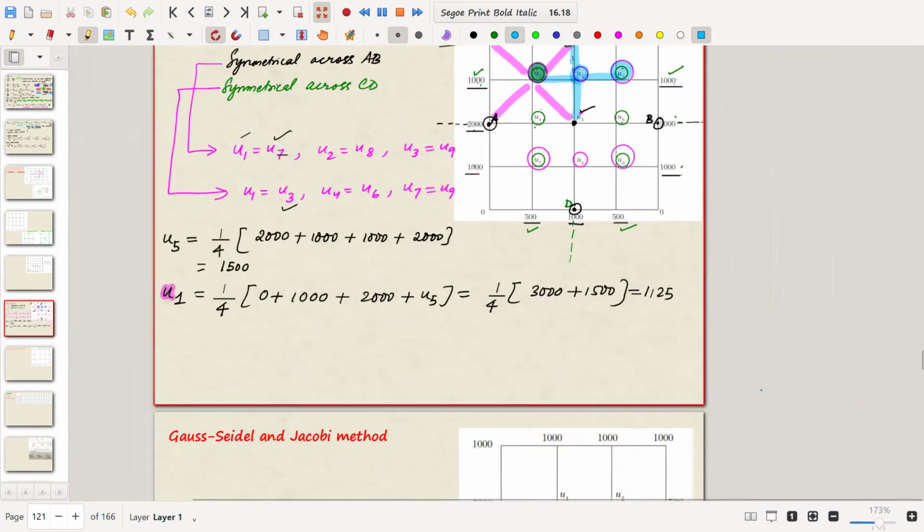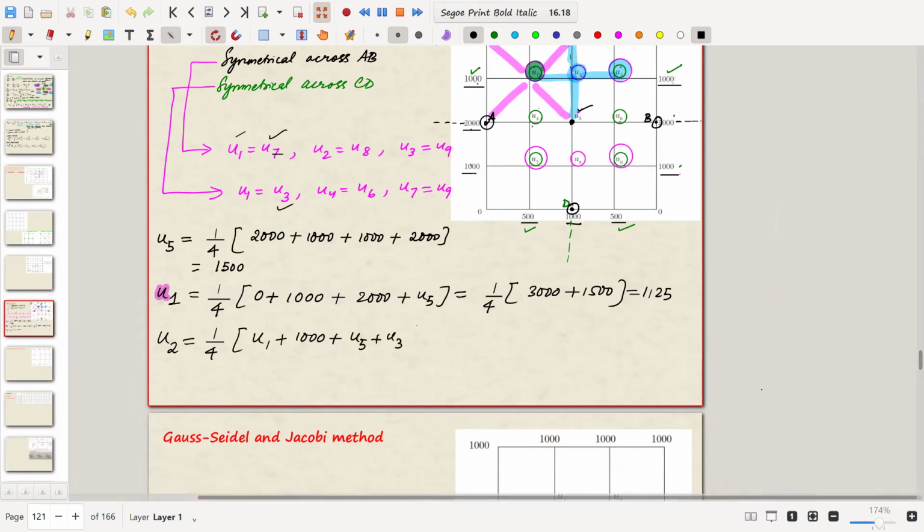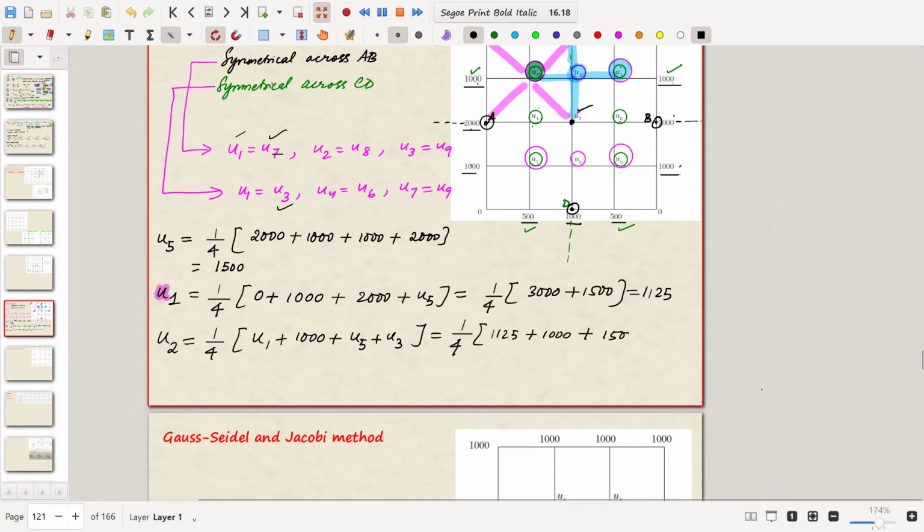So what values should I write? U2 equals 1 by 4 of U1 plus 1000 plus U5 plus U3. So that should be equal to 1 by 4 of, U1 is how much? U1 is 1125, plus 1000, plus U5 is how much? 1500, plus U3 is the same as U1, 1125.